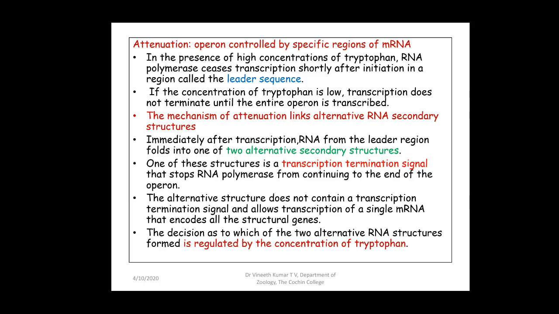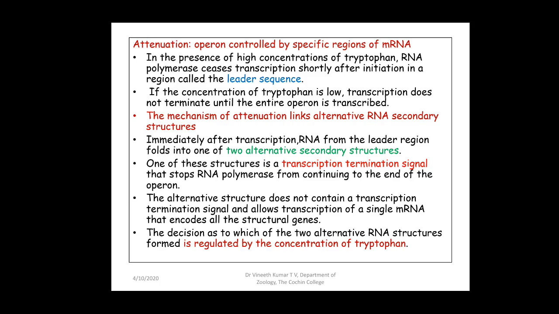Whenever the message of binding of the repressor and co-repressor reaches the operator, the leader sequence will assume a secondary structure which will act as a terminator signal, and it will terminate your RNA polymerase from moving along. But in an alternate structure, as we said earlier, it assumes two structures.